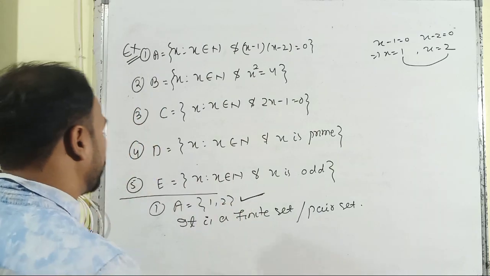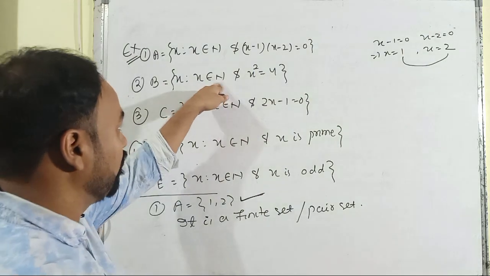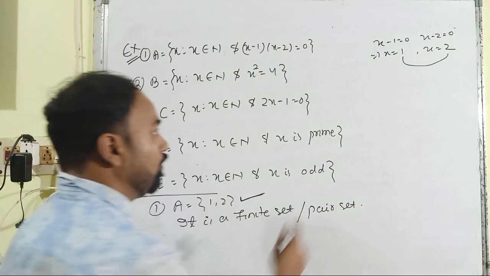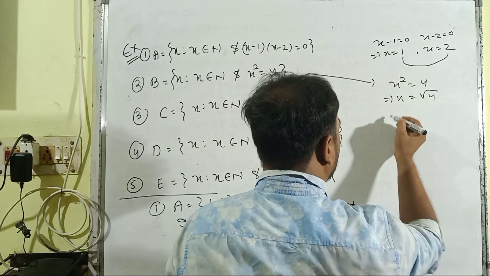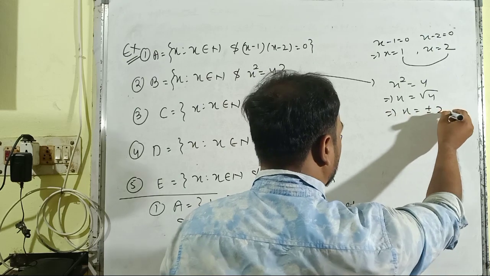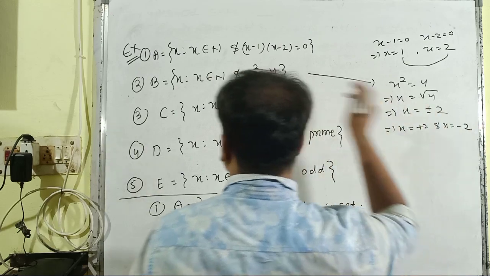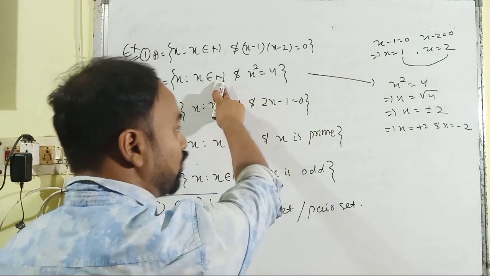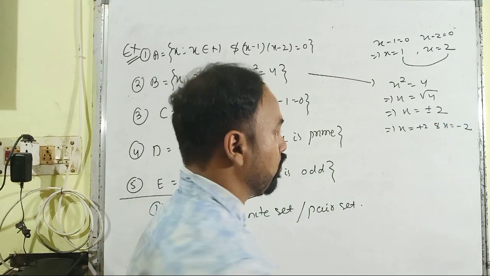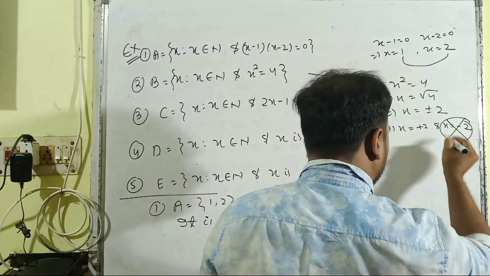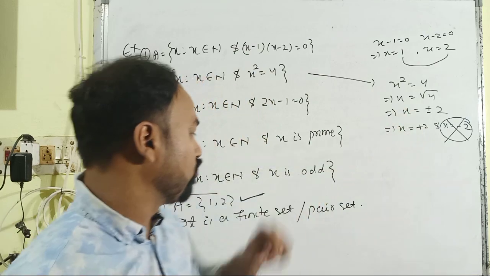Then moving to the second question: x such that x belongs to N, a natural number, and x square is equal to 4. Whenever x square is 4, x is equal to the square root of 4, that means x equals plus or minus 2. That means x equals plus 2 and also x equals minus 2. But here x belongs to N, a natural number, so we cannot take the value x equals minus 2. You have to take only x equals plus 2 because it is a natural number.